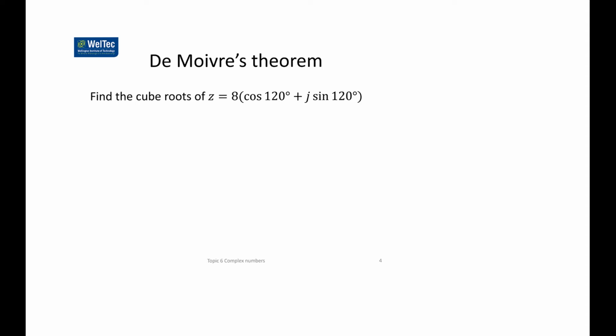Let's look at finding the cube root of the given complex number. So what we're looking for is z to the power of a third. What we've got is that z is equal to 8 angle 120 degrees.